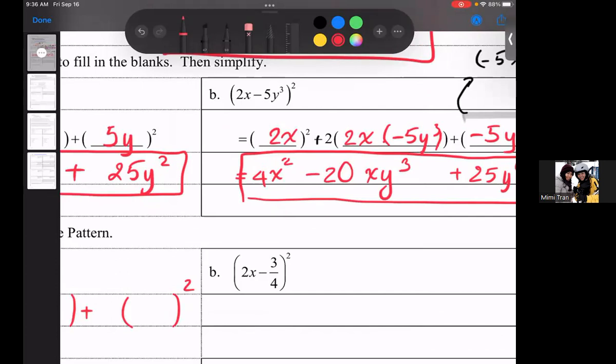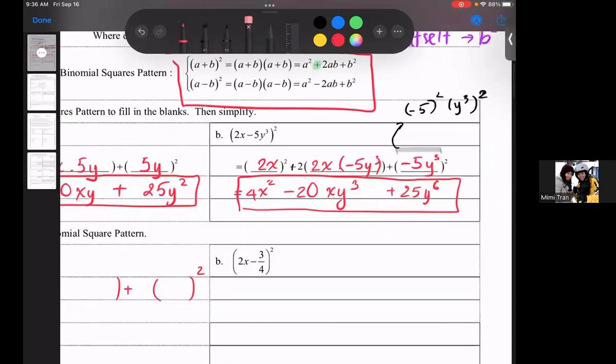But like I said, let everybody not fix your notes. I'm just going to re-explain things. Originally it was like that, right? And what you filled out for me, you kept the negative because you see negative 5y cubed here is correct. What you do is correct. But when it comes to the middle term, they kind of took the negative away from you already. So you don't have to put the negative there.